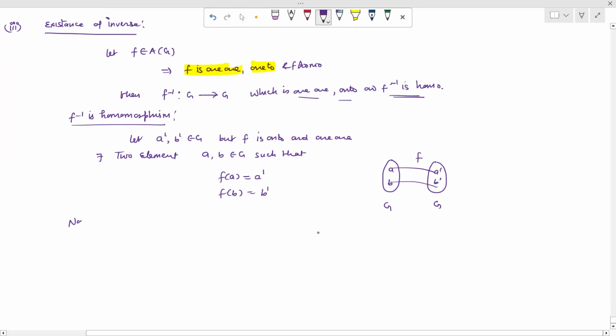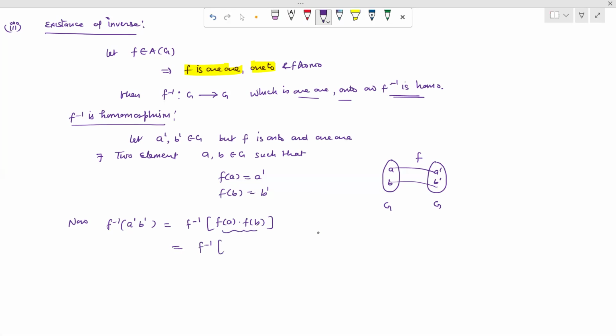Now we take f inverse of a dash into b dash. a dash can be written as f(a) and b dash can be written as f(b). So this equals f inverse of f(a) f(b). By using the definition of homomorphism, this can be written as f inverse of f(ab), because f is a homomorphism.